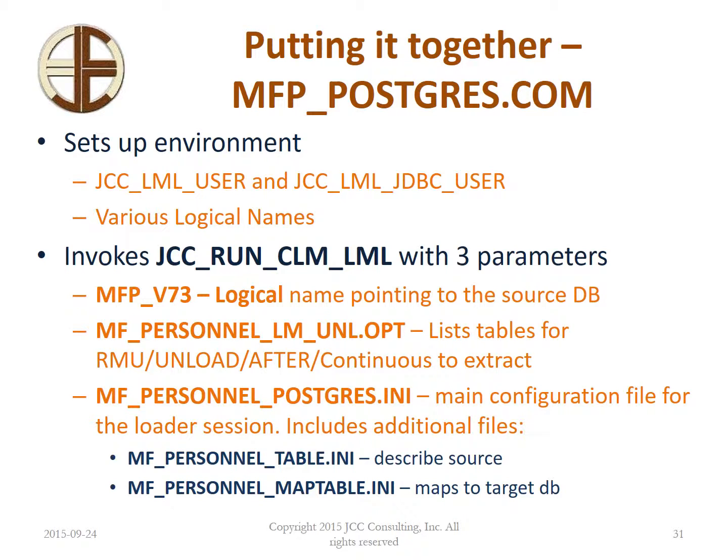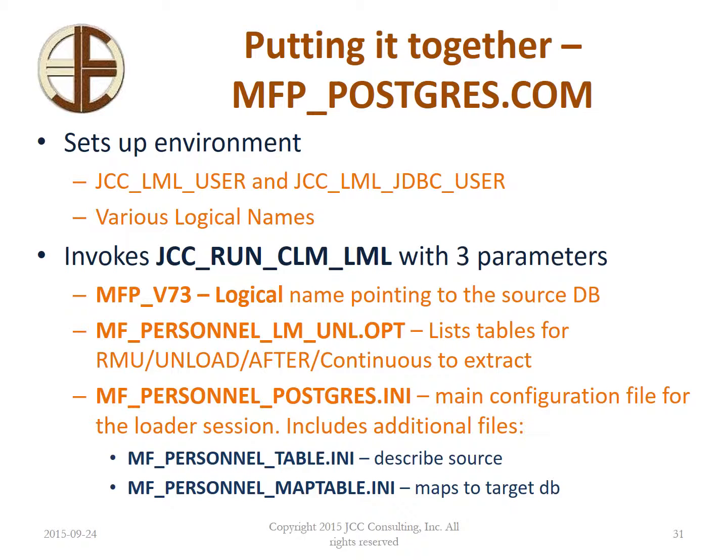So we've set up an environment. We need to set up an environment with the JCC LML user and the JCC LML JDBC user commands, set up some logical names, and this is going to be in a file that I'm going to call mfp_postgres.com.